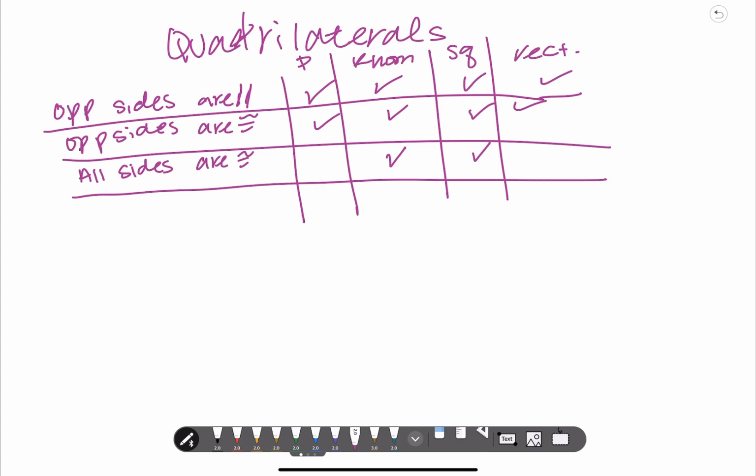All right, so if all sides are congruent, well, it doesn't narrow it down between rhombus or square or parallelogram or rectangle. So you can also check then if the diagonals bisect each other.